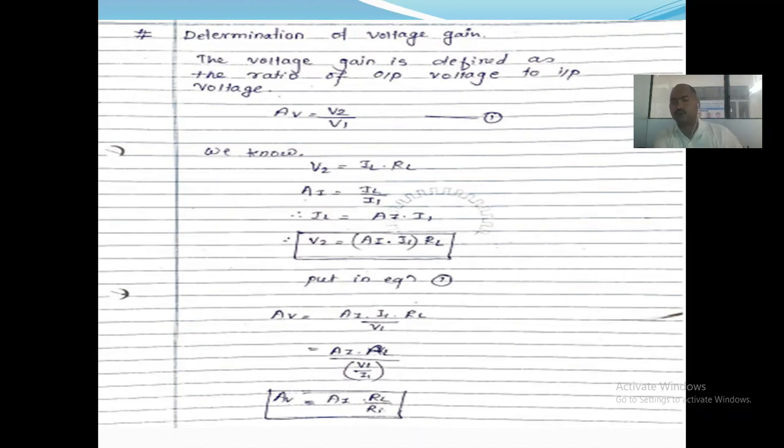In our transaction, we have applied the input voltage V1, and you get the output V2. When we apply the input voltage V1, the input current is I1, and the output voltage is V2, and the output current is I2.